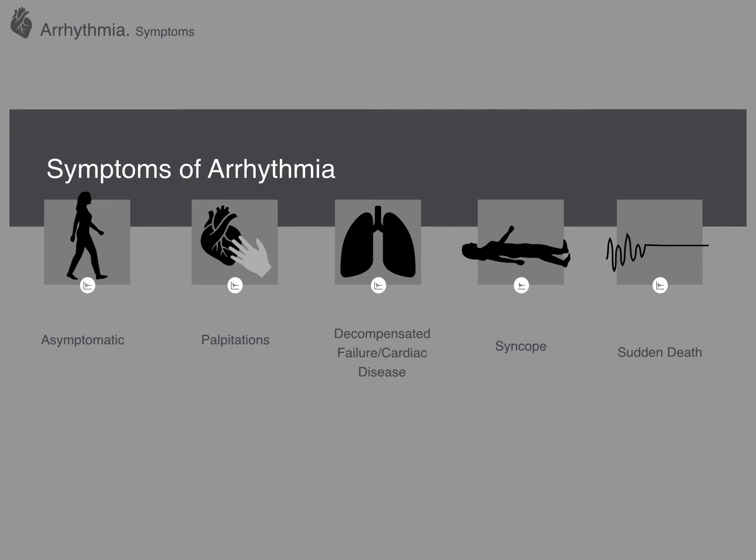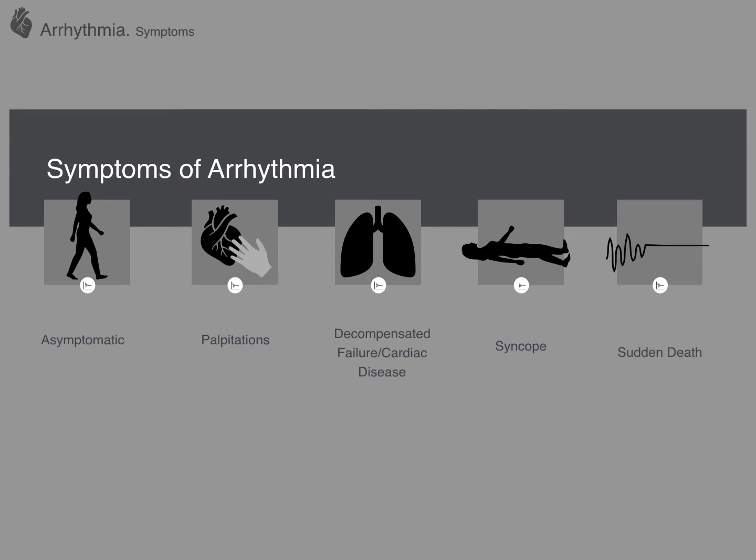There are many people that have arrhythmias that are completely asymptomatic, and the only time we'd know they have an arrhythmia is incidentally when an ECG is performed for another reason, say if they were having a surgical pre-assessment. There are those that present with palpitations or strange sensations in their chest.